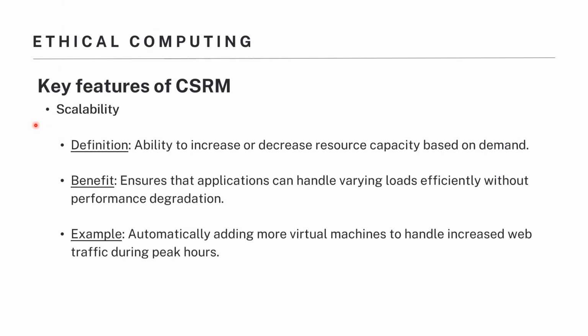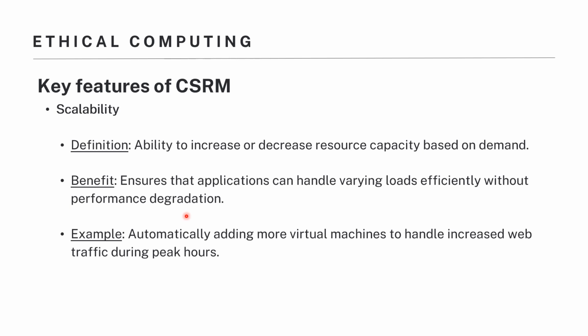Scalability is the ability to increase or decrease resource capacity, if you will, based on demand. This ensures that cloud systems can adapt in real time to changing workloads, and not after a client requests it, right? The main benefit of scalability is that it allows applications to handle varying loads efficiently without any performance degradation.